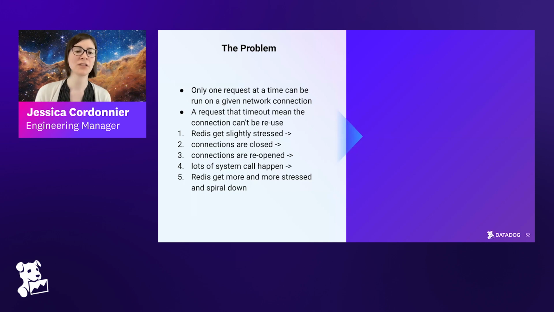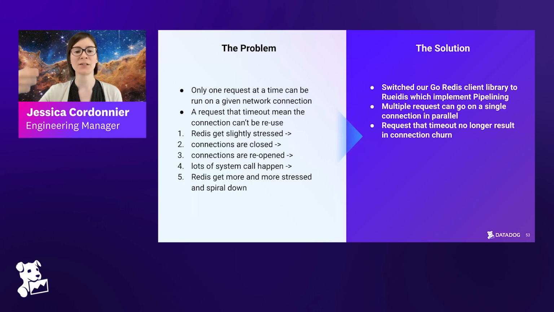So the way we solved this problem, and tried to reach that new level of scale with Ephemera, is switching to a Go Redis client library that implements pipelining. The idea behind pipelining is that you can send multiple requests in parallel on one connection by tagging each of those requests.